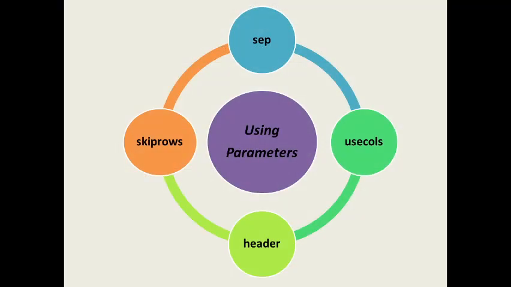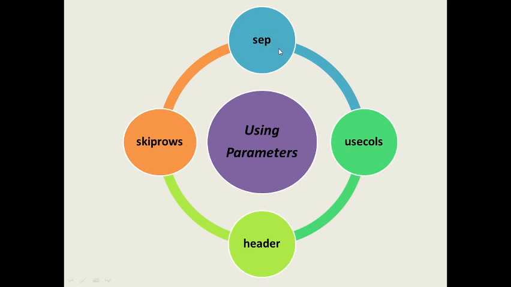So far we have read the file and we haven't specified any parameter. So according to requirement we can pass parameter while reading. So we have SEP to specify the separator. So in our CSV file separator is comma. So that is by default.